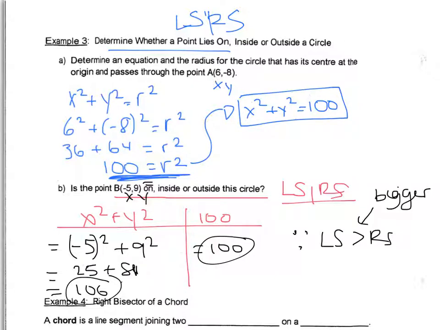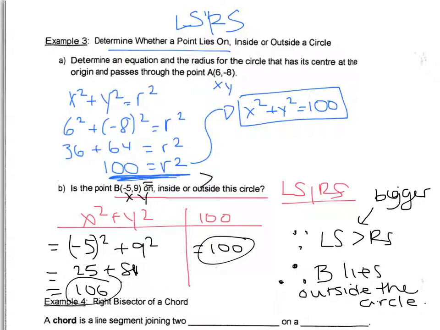So that means that the point B lies outside the circle. If our left side were smaller than the right side, that would indicate that the point lies inside the circle. So outside is if it's greater than, inside is if it's less than.